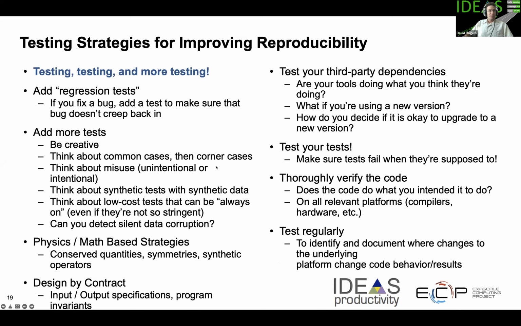And then also different kinds of tests that are maybe based on physics or designing by contract, which is testing inputs and outputs of your routines, testing third-party dependencies, testing your hardware environment, testing regularly with CI, which I'll talk about in a minute, or being creative with tests that are maybe making up synthetic data, et cetera.